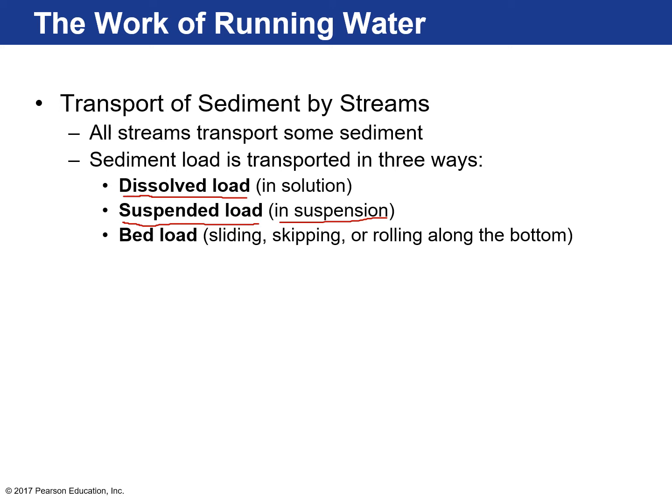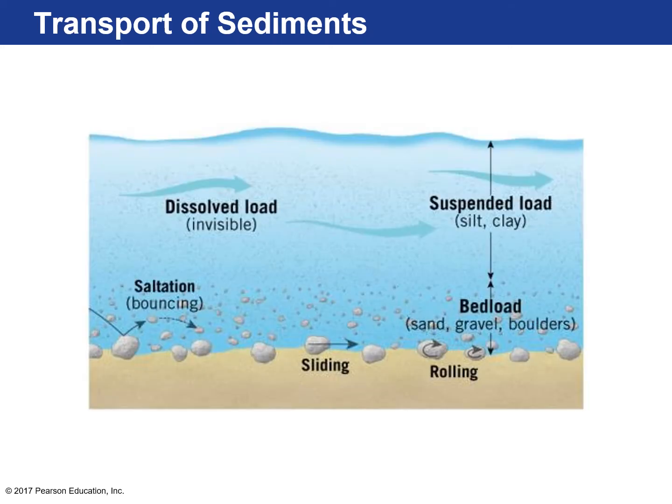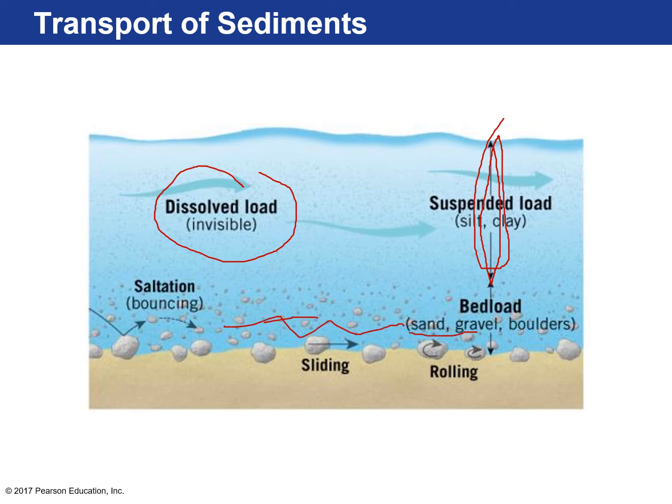And then there's the bed load. This happens along the channel of the river, and this is sliding, skipping, or rolling of rocks at the bottom of the channel. Okay, so here's your invisible load in the water. Your suspended load is all the material that's in suspension floating along with the river, and then the bed load's at the bottom with all this bouncing and sliding.